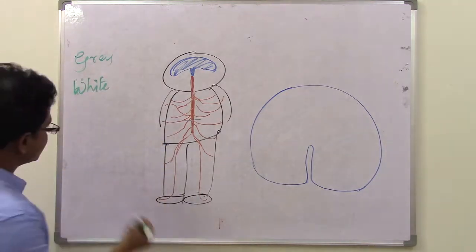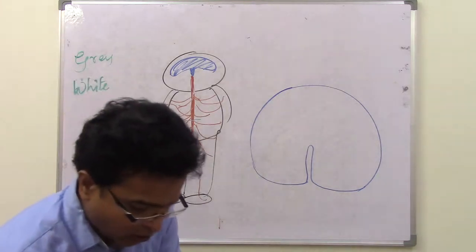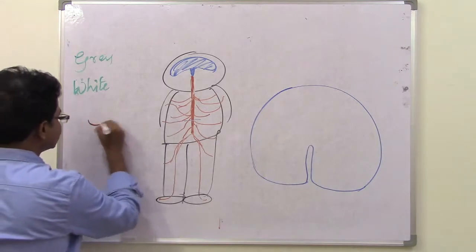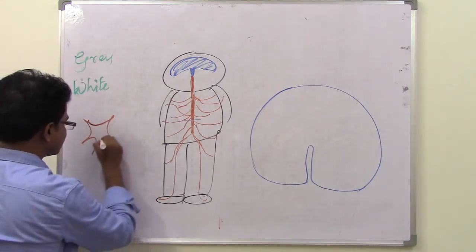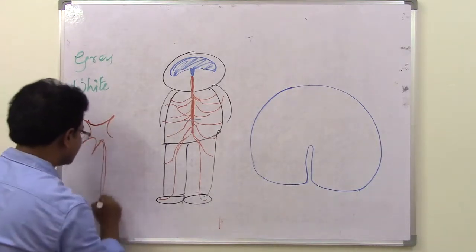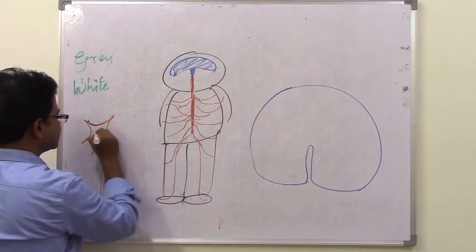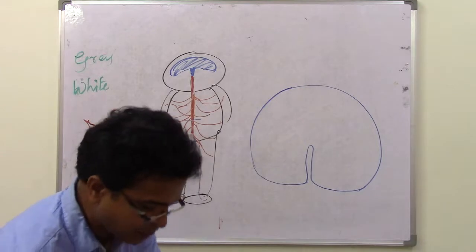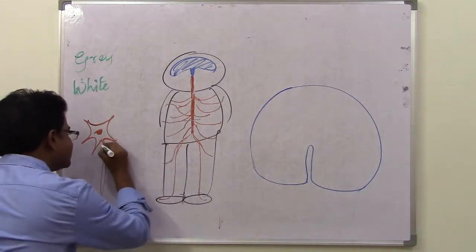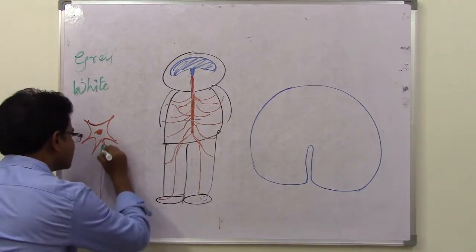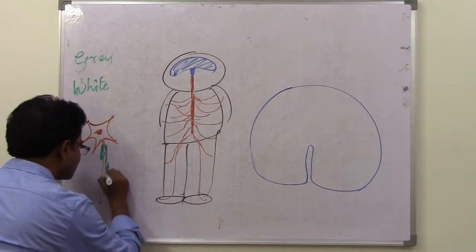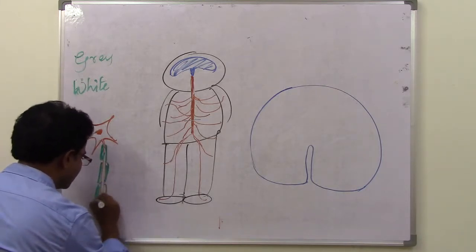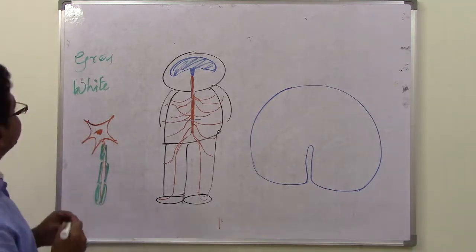Okay, so the neurons are usually unmyelinated, is it not? The neurons are unmyelinated, right? So you see myelination only in axons. Right?